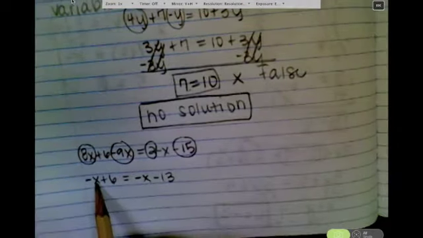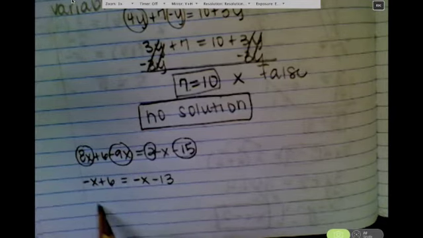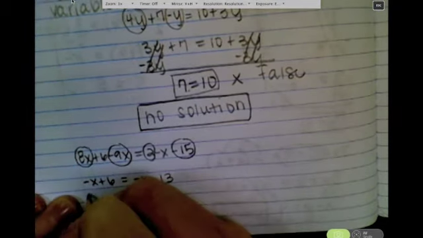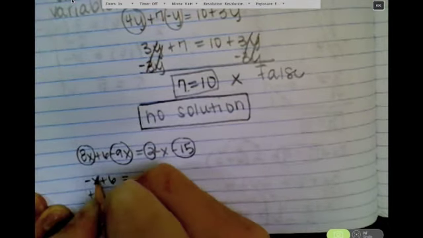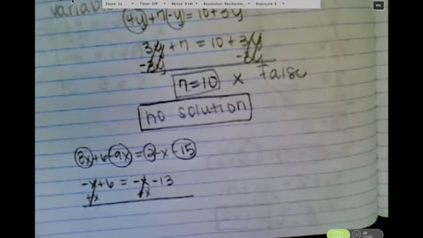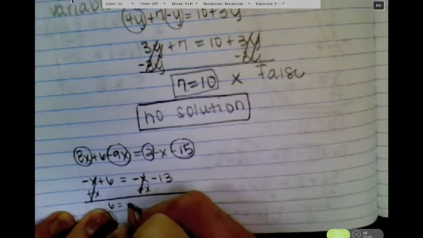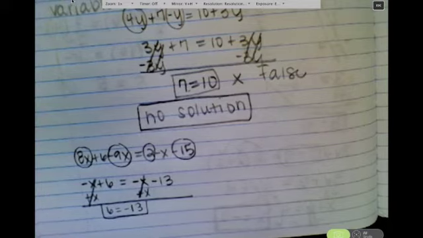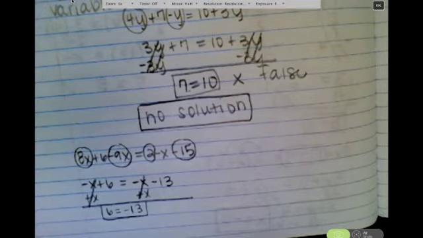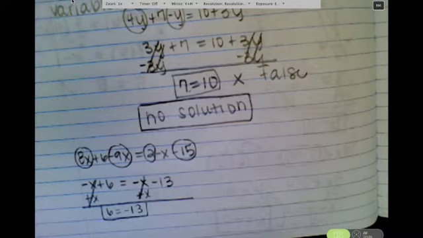So again, you're going to try to move both of your variables to one side of the equal sign. So to do that, we would add x to both sides. They both cancel out, and I'm left with 6 equals negative 13. So when you're left with only numbers and no variables, you need to ask yourself if the statement you're left with is true or false. So does 6 equal negative 13?